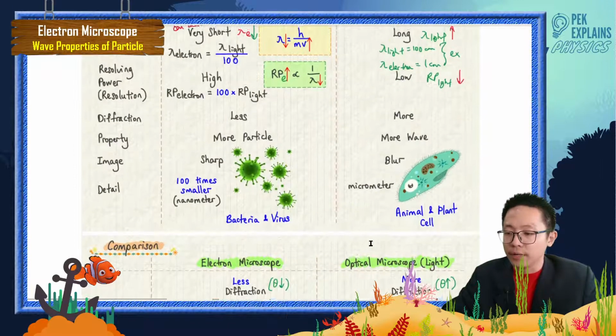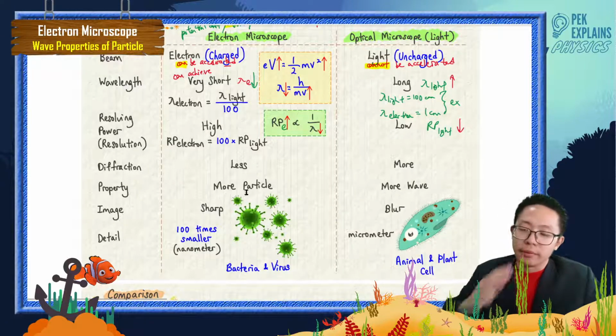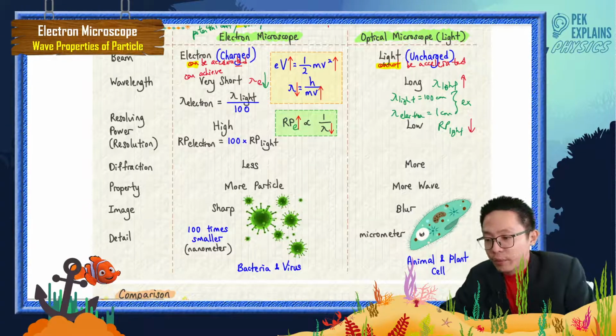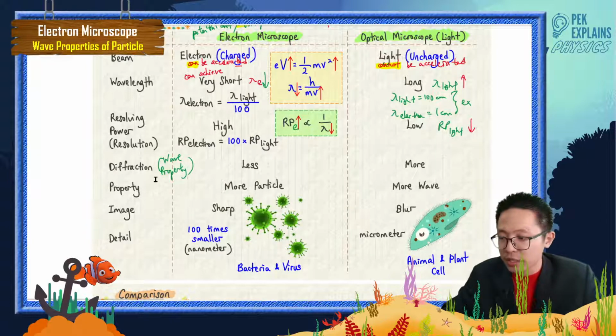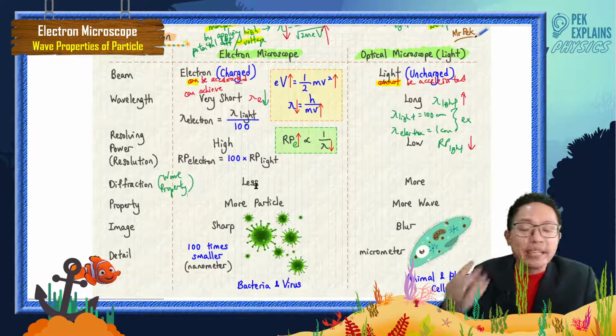Okay, so again, smaller wavelength, less diffraction, more particle property. Because talking about diffraction, actually it is a wave property. So the electron microscope shows less diffraction.